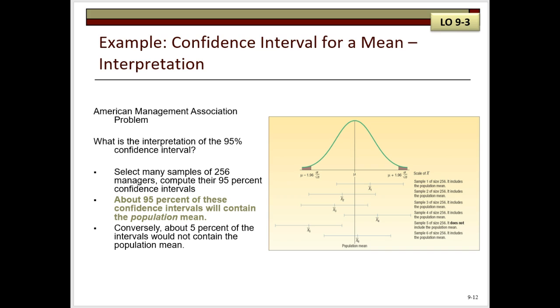This means that if we select many samples of 256 managers, and for each sample we compute the mean and construct a 95% confidence interval, we could expect about 95% of these confidence intervals to contain the population mean. Conversely, about 5% of the intervals would not contain the population mean annual income, mu.